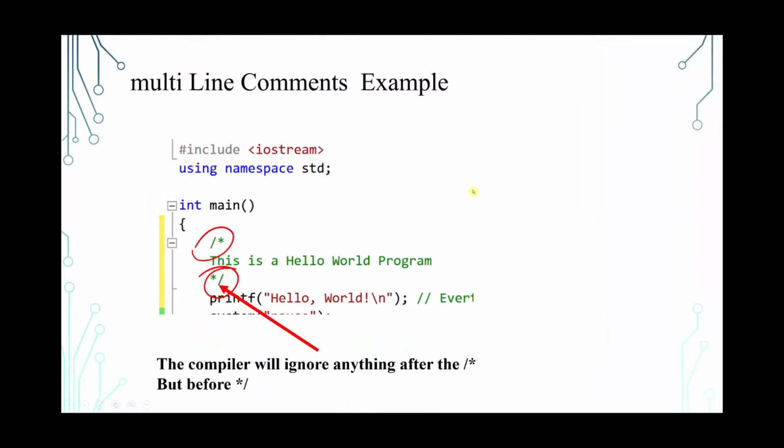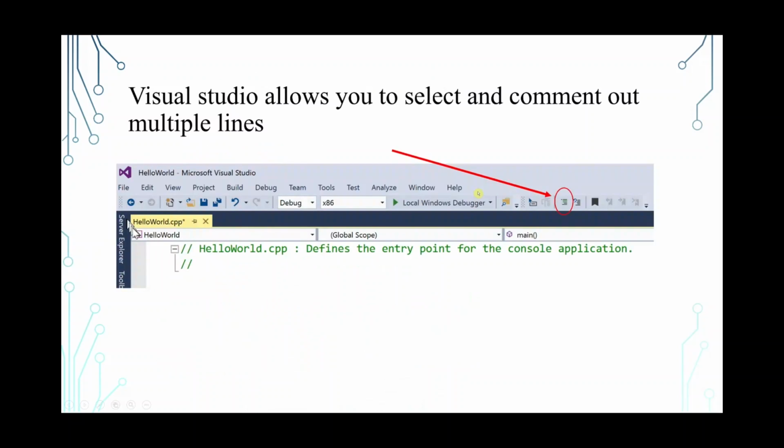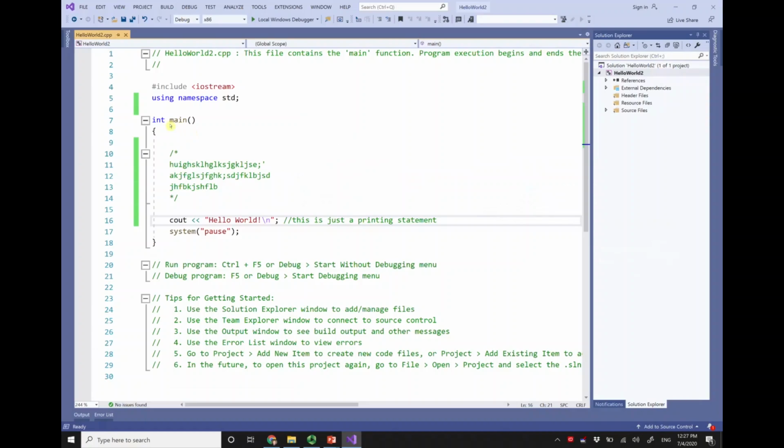Okay, so Visual Studio allows you to select and comment out multiple lines. For example, if I want to comment this one, I highlight this statement and go there to comment out. I commented out this one. Now, if I have multiple statements like this, I can also comment out, and it's going to comment all these statements.